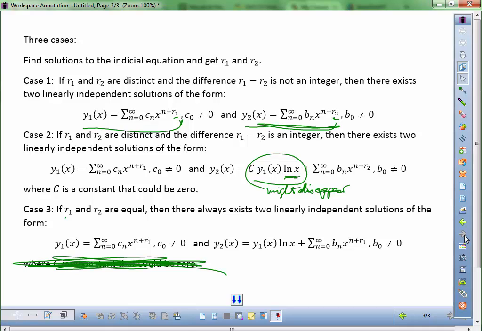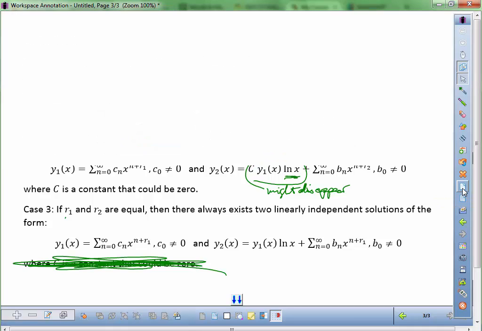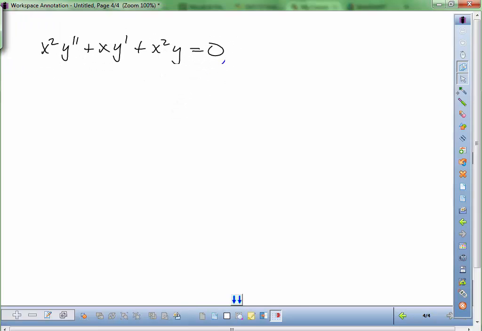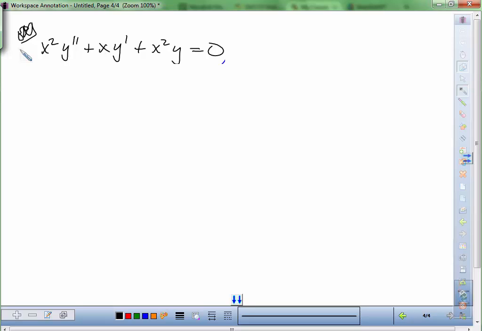All right, let's take a look at our differential equation, the first example that we're going to work on, and hopefully this doesn't take the rest of the class. This is our differential equation. We saw earlier that your roots are 0 and 0, right, from your indicial equation.